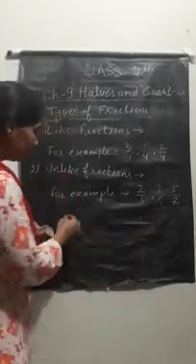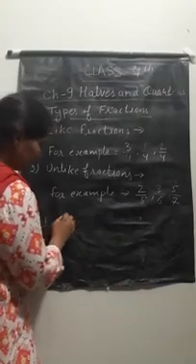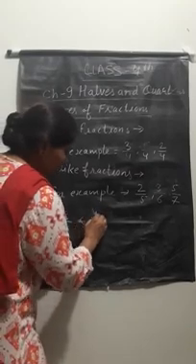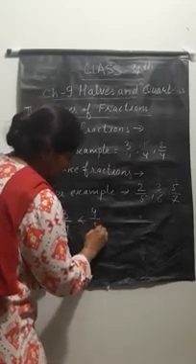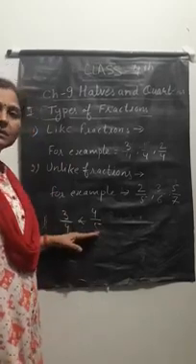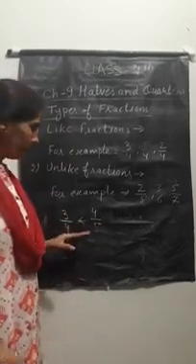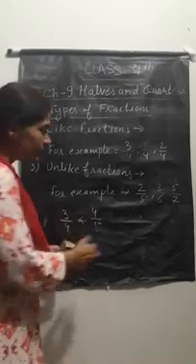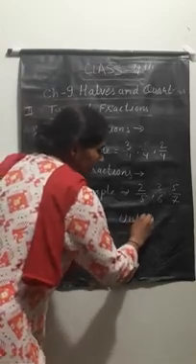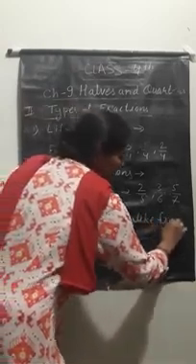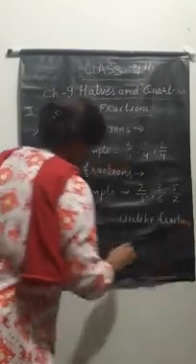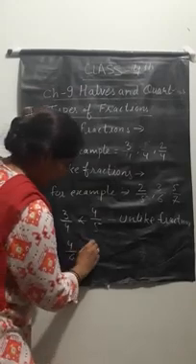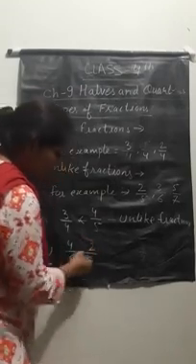Now you can easily identify. Take 3/4 and 4/5. Can you tell me which type of fractions these are, like or unlike? The denominator of 3/4 is 4 and here it is 5, so this is an unlike fraction. Now suppose I write 4/6 and 2/6.